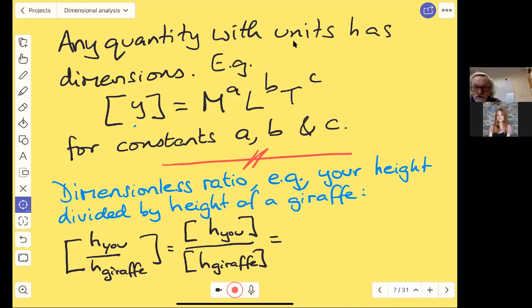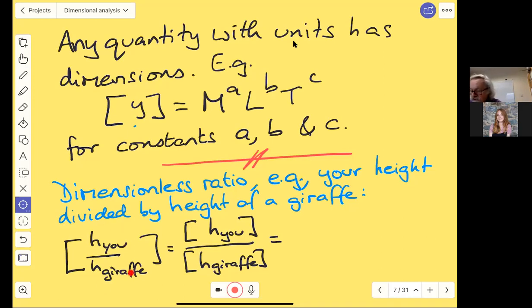The only things in science that don't have dimensions are so-called dimensionless ratios. And a dimensionless ratio is a ratio of two quantities with the same dimensions, and therefore it's just a number. So to keep the biological theme of the hummingbird, the example I've got here is your height, whatever it is, divided by the height of a giraffe.